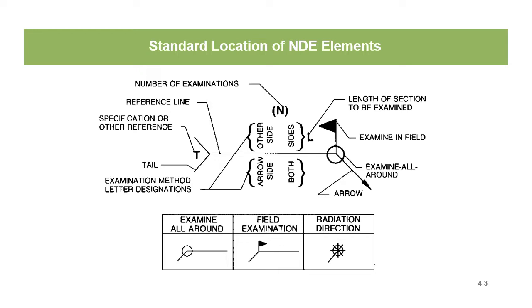It's going to tell you what needs to be examined and to what criteria. You can see that we've got examine all around, field examination, radiation direction, a bunch of these different pieces of information that we'd like to relay on to our non-destructive testing personnel.